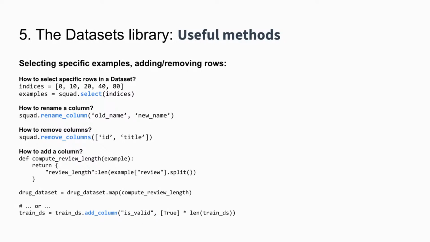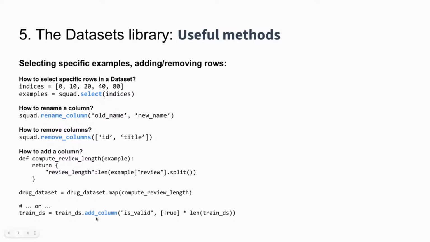One of the most common ways to indicate which examples are part of your validation versus your training is to simply add an is_valid attribute and set it to true for the validation set, and false for the training set.